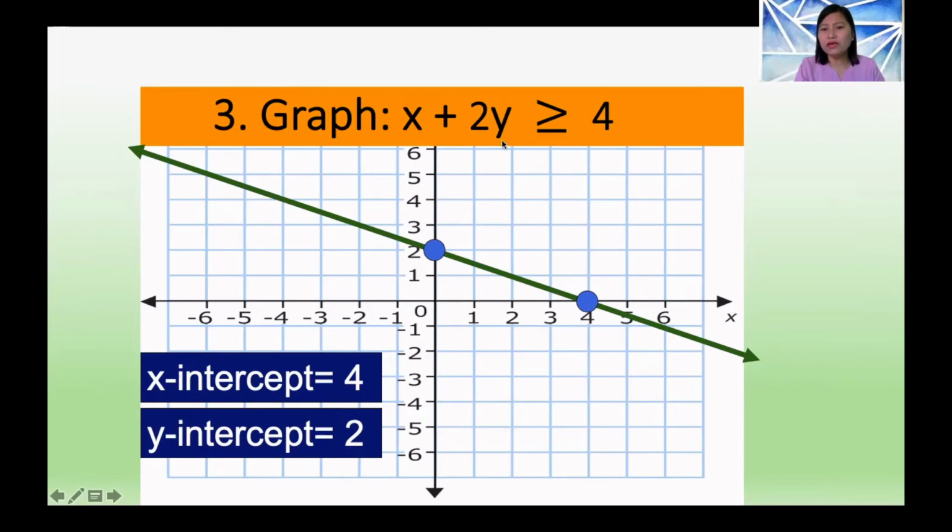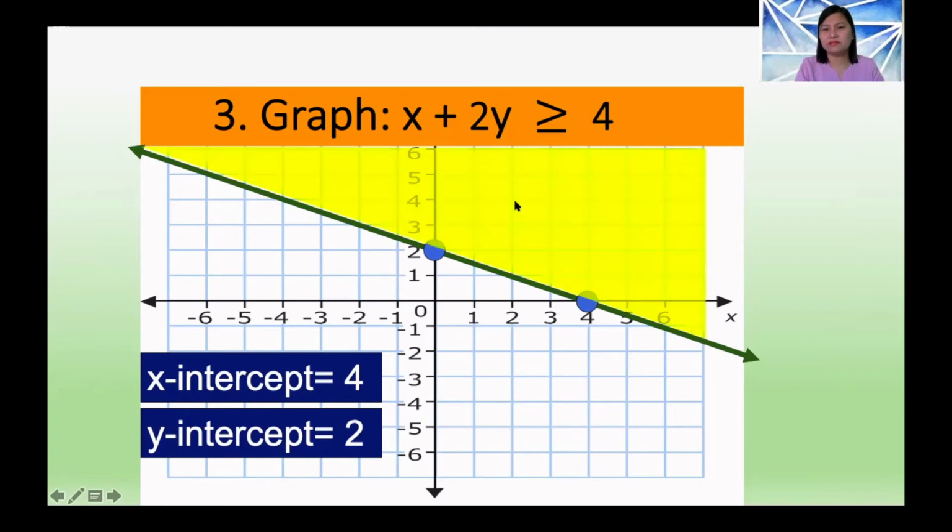So we will shade this region. So all of the points on the shaded region and all of the points on our boundary line are the solutions of x plus 2y is greater than or equal to 4.